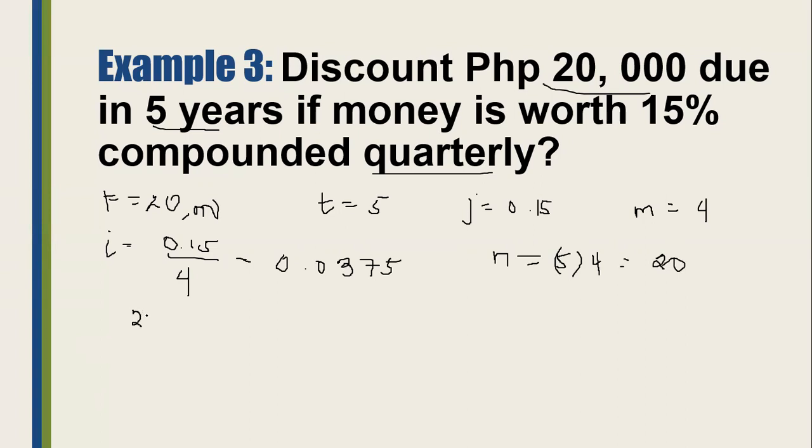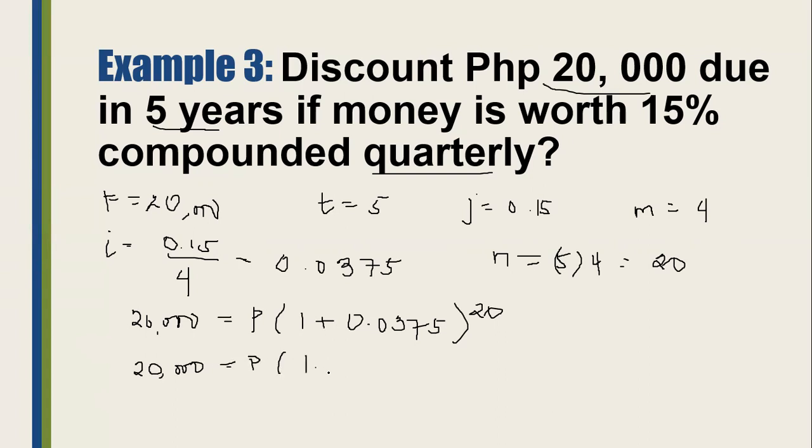F is 20,000 equal to P, multiplied by quantity 1 plus our I, 0.0375, raised to 20. Simplify first what is inside the parentheses following the PEMDAS rule. So 1.0375 quantity raised to 20.